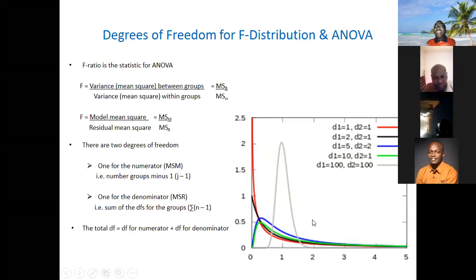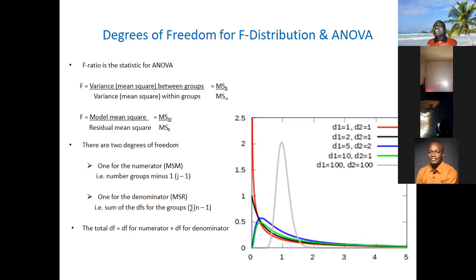And just like the T distribution and chi-square distribution, for the F distribution, as the degree of freedom increases, the shape starts to look like a normal distribution. All of them, as the degree of freedom increases. So what are the things that increase the degree of freedom for the F distribution? It will be sample size and the number of groups.